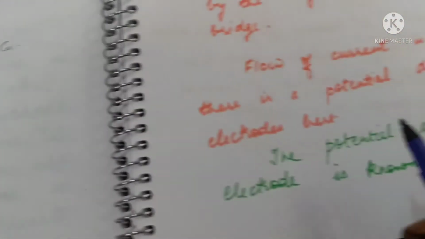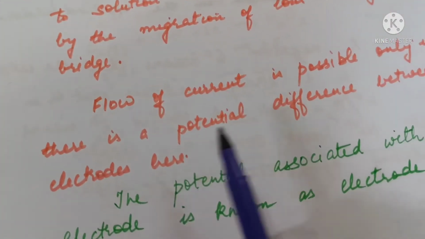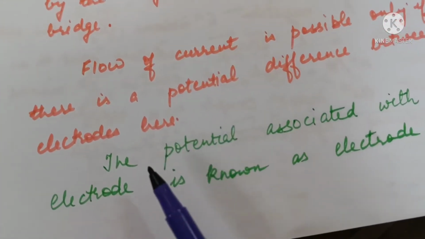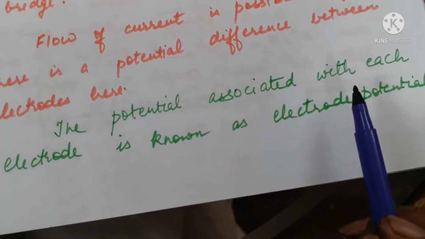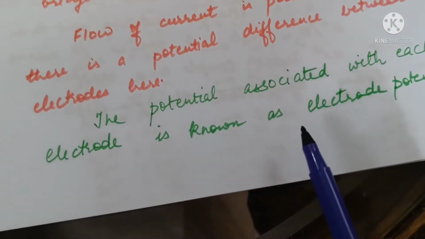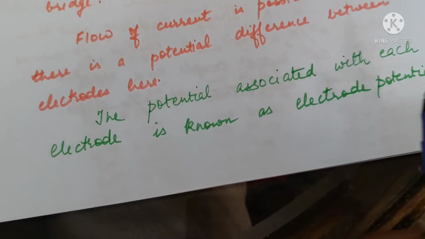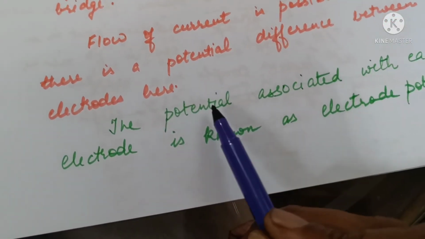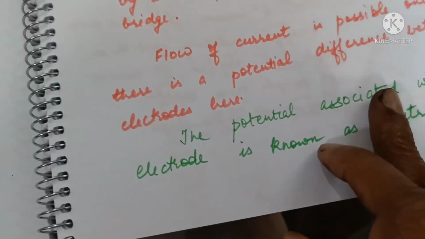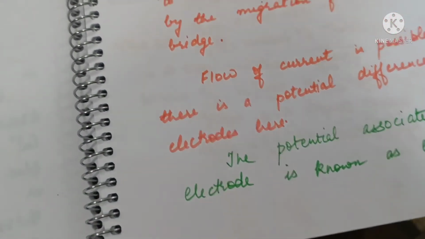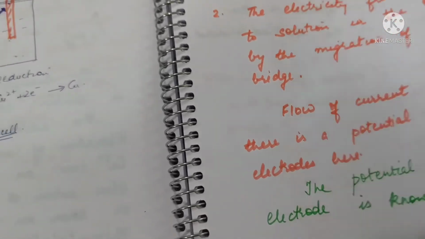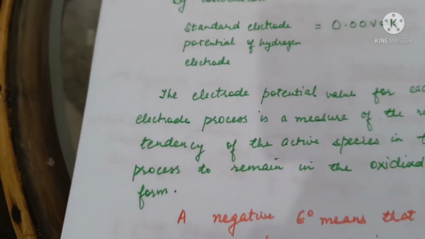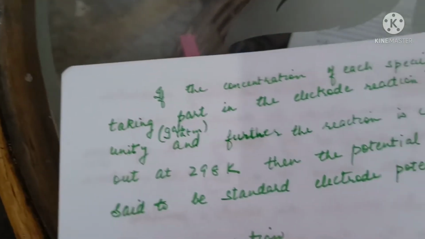So the flow of current is possible only if there is a potential difference between electrodes here, and the potential associated with each electrode is known as electrode potential. The tendency to give or accept electrons is called potential. The potential of each electrode is called electrode potential, and if the two electrodes have different potential, the current will flow.